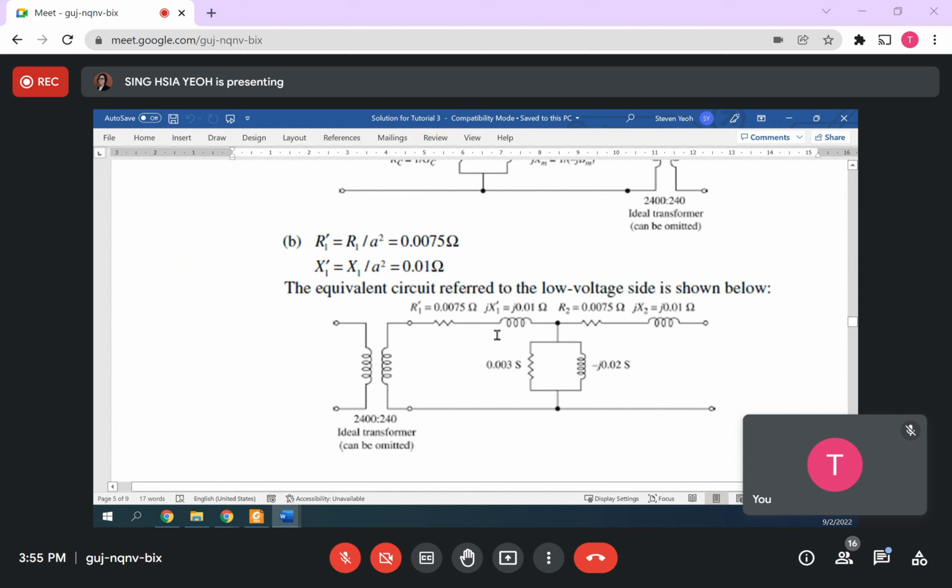Yes, this leakage is considered in a practical transformer, because in an ideal transformer there is no leakage. Any problem? Any question? So far, so good.